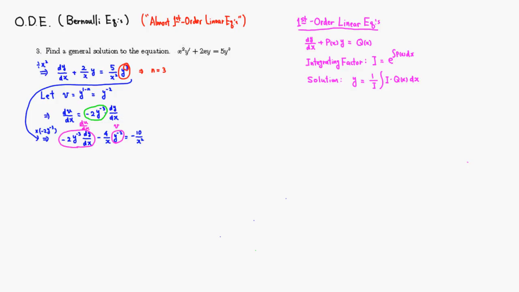So the new equation is dv over dx, minus 4 over x times v, which is equal to negative 10 over x squared. Now this is the linear equation.